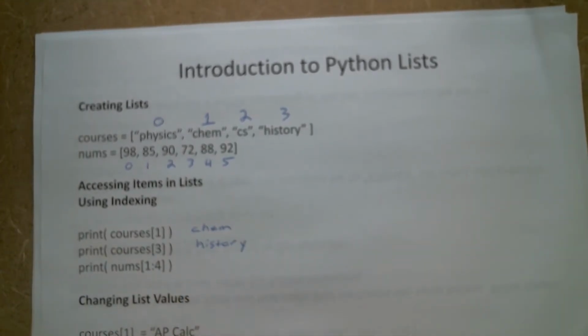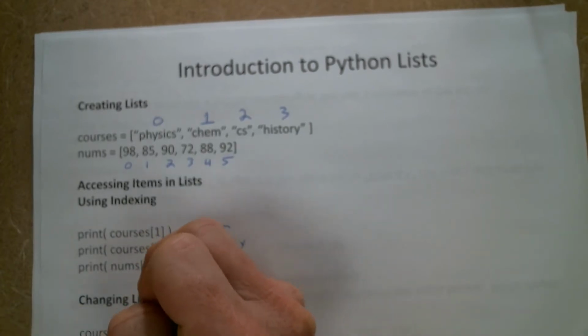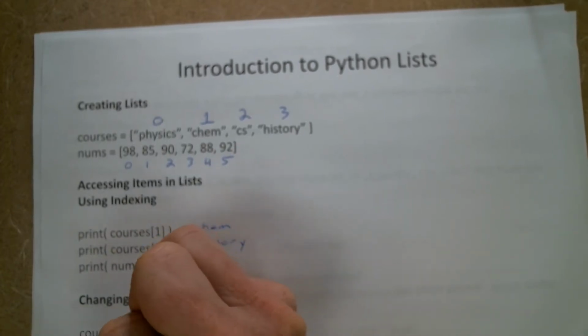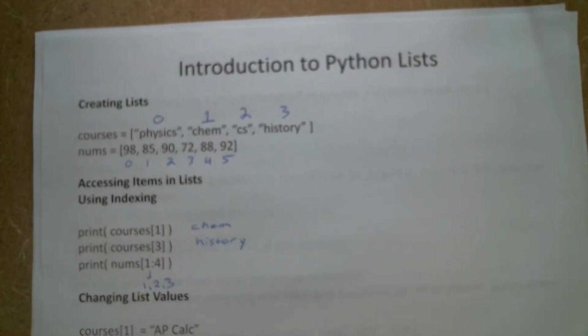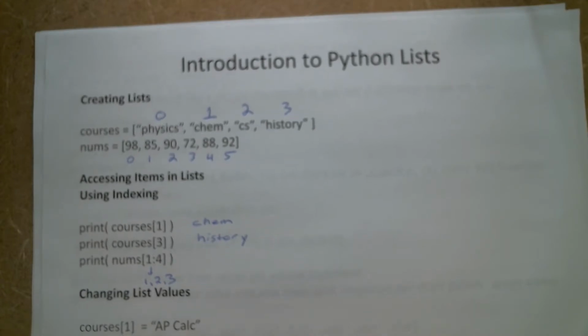And then if we were to say 1:4, that's basically like creating a sublist almost. This would give us elements 1, 2, and 3. It's going to cut off that last number, just like we've seen time and time again with our ranges inside of our loops. We go right up to it, but we don't include it.